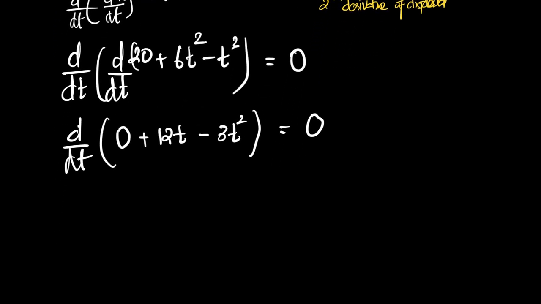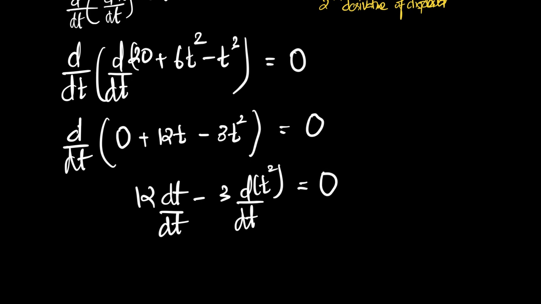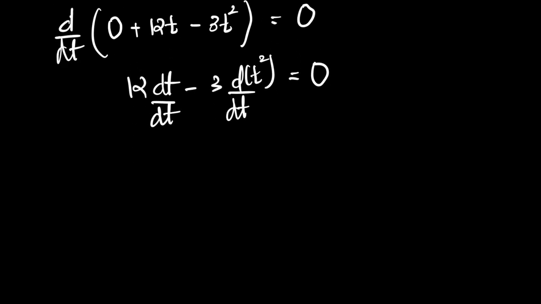So now what will be the second derivative? It will be d by dt of this. This will be equal to 12 into, okay, let me just write down the step in detail, minus 3 into d by dt of t square, which is equal to 0. Now what is 12 into d by dt of t? It is 12 into 1 minus 3 into 2 into t raised to 2 minus 1 is equal to 0.